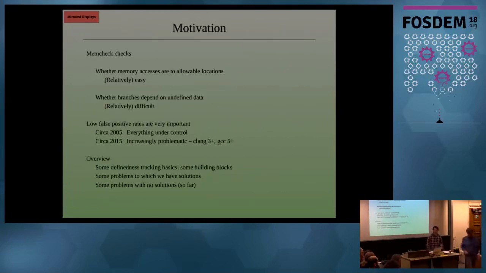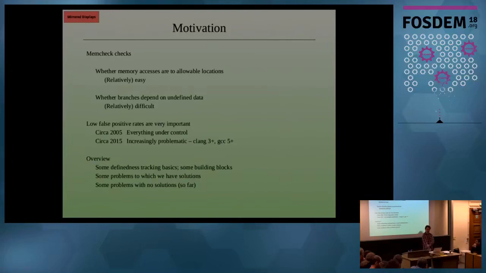For a tool like Memcheck, we put a lot of effort into making sure that the false positive rate is very low, in particular the false positive rate for undefined value errors. I think it's somewhat known for that. So when it says undefined value used here, it's likely to be correct. This is important because lots of false positives make tools less useful for developers.